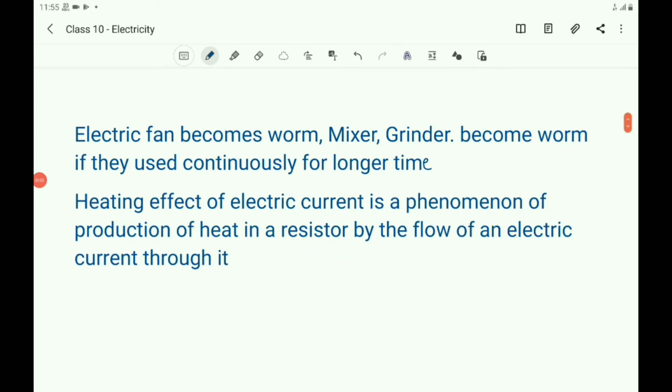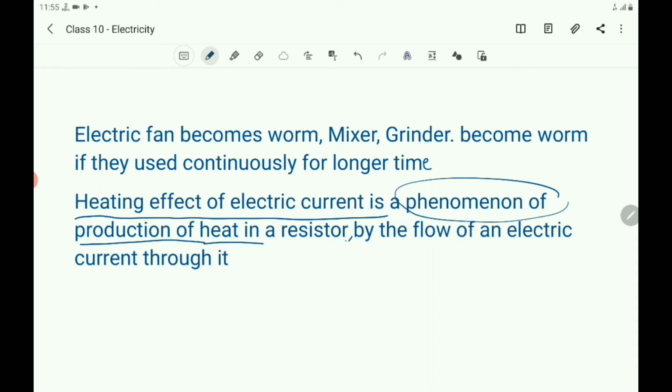So, what is heating effect of electric current? Heating effect of electric current is a phenomenon of production of heat in a resistor by the flow of electric current through it.